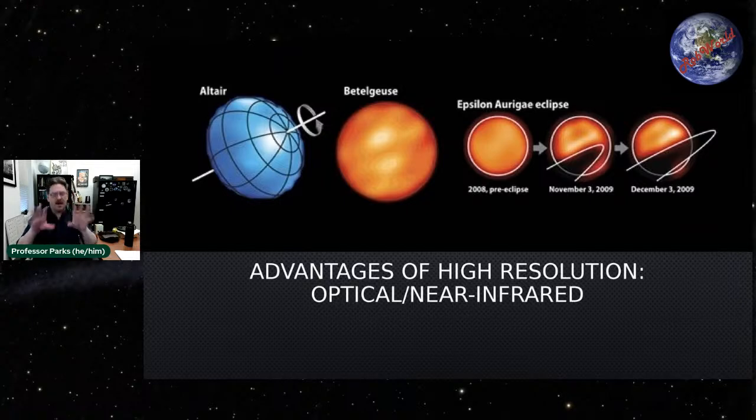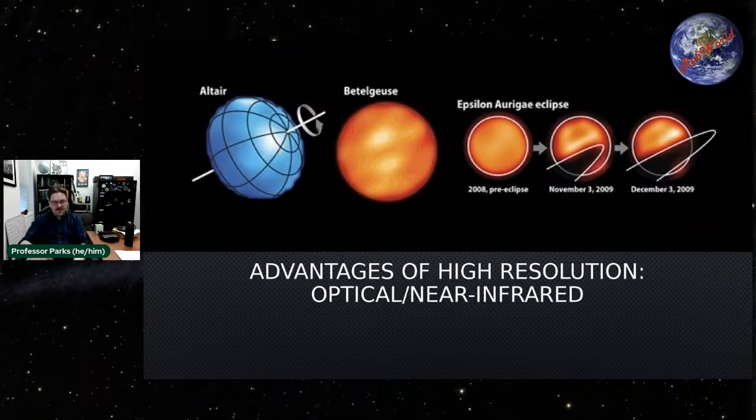But this is the cool stuff. Now, I geek out about this because this is my jam. This is what I got my dissertation in, using interferometry. Because this is awesome. Altair. When we think of stars as being big balls of gas, that's not always the case. Altair is rotating so quickly that it is literally squashed.